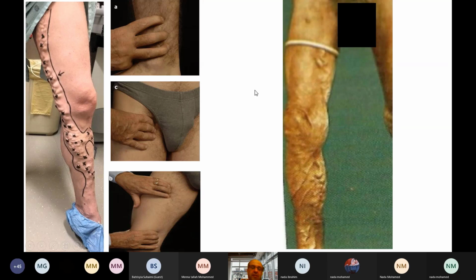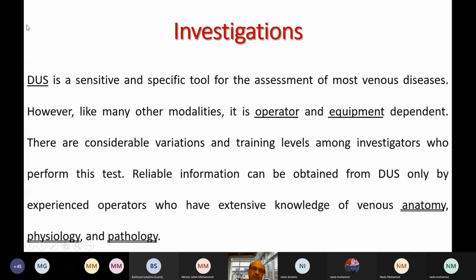Actually, all these tests are replaced nowadays by the duplex ultrasound, so we don't stress on these tests so much. You have to have a superficial idea about these tests, but not in detail, because they are completely replaced by the duplex.